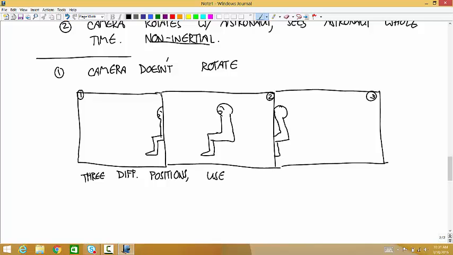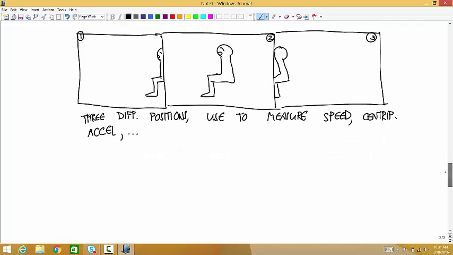And you can use that to measure speed, centripetal acceleration, etc. So you get a non-zero acceleration.